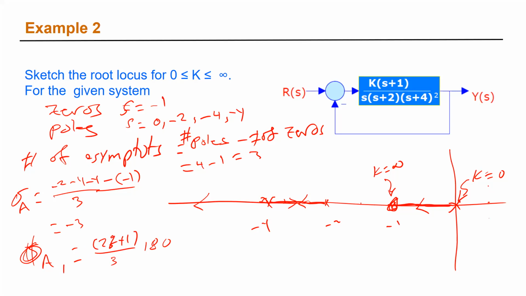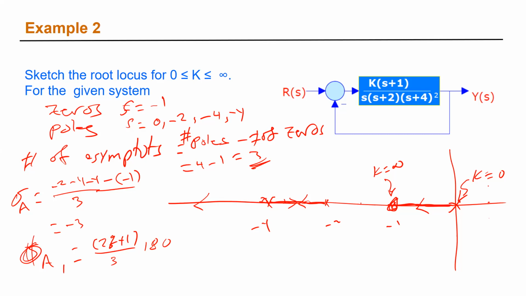Doctor, I have a question: why did we divide by 3? Because we said the number of asymptotes equals 3. Look into the difference between poles and zeros.